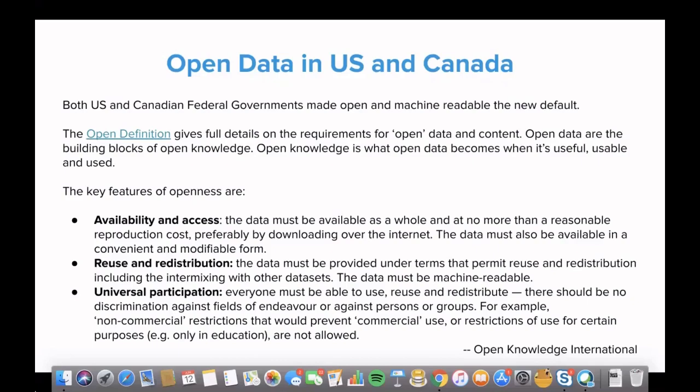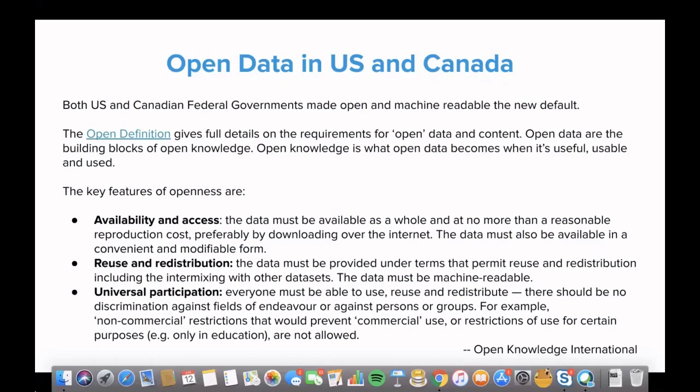The data must also be available in a convenient and modifiable form. Then reuse and redistribution, which is really important too. The data must be provided under terms that permit reuse and redistribution, including the intermixing with other data sets. And the data obviously must be machine readable. That's something we'll talk about a lot today, machine readable data.